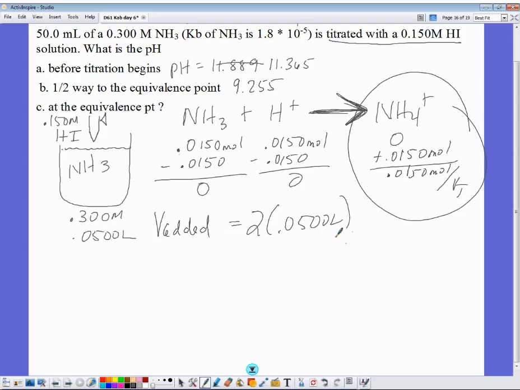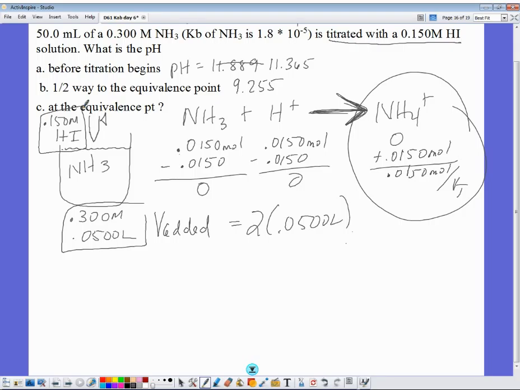Do you see why? If their molarities are 2 to 1, then their volumes have to be 1 to 2 to give me equivalent moles.